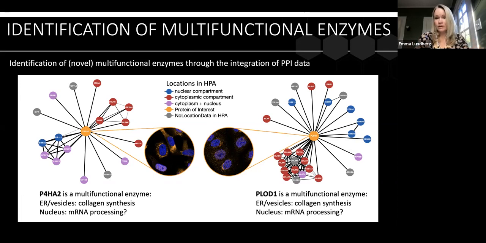So here, for example, we can start to form hypotheses that both of these enzymes may, in addition to serving as enzymes in the cytosol, perform some kind of function, maybe a scaffolding function in mRNA processing in the nucleus. So we believe that this combination is very fruitful, and we look forward to more protein-protein interaction data sets being generated for different types of cell lines, so we can assess this systematically.